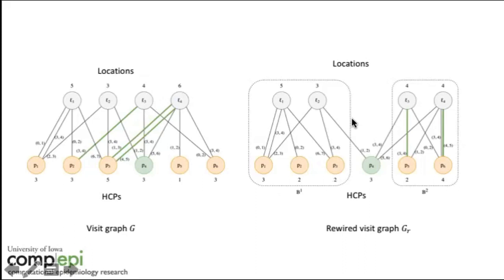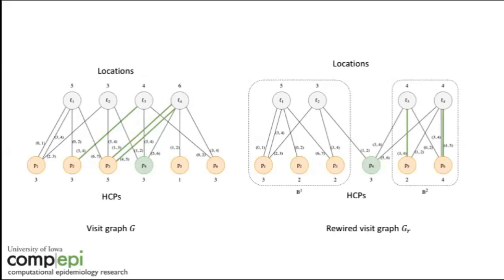But we also want to take into account the fact that not all of this care can be rewired. For example, in the graph on the right, you'll see that healthcare professional P4 is providing specialized care, and that person's care cannot be rewired. They are the only ones who can do this. And so we want to allow this kind of flexibility as well.